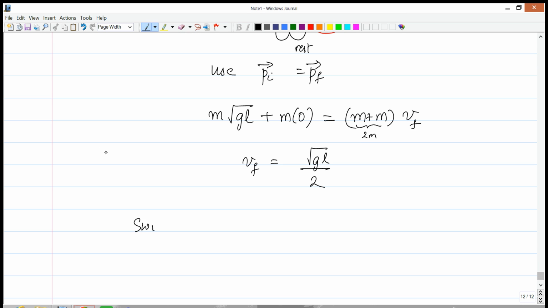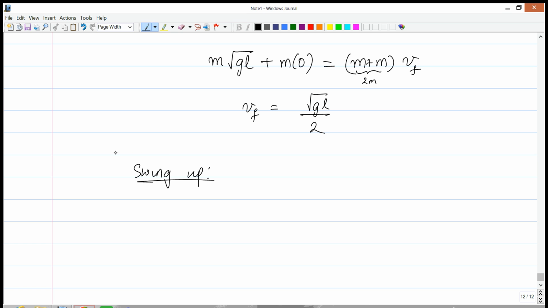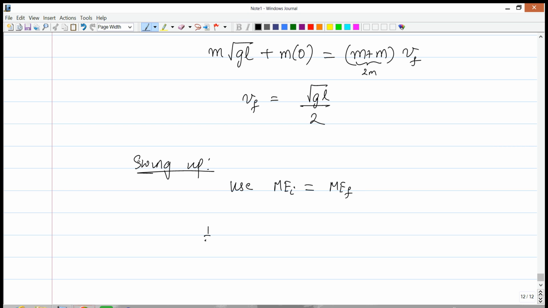Now part 3 is the swing up. For the swing up, once again we're going to use mechanical energy conservation. Use MEi equals MEf, and when we do that, at the bottom we have only kinetic energy, so it is 1/2 times 2m times square root gL over 2, the whole squared, plus no potential.